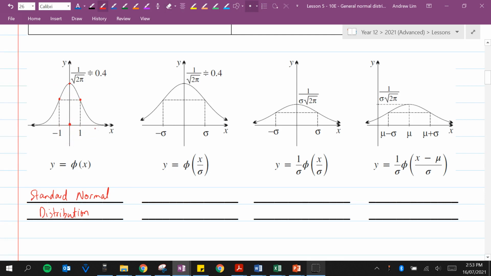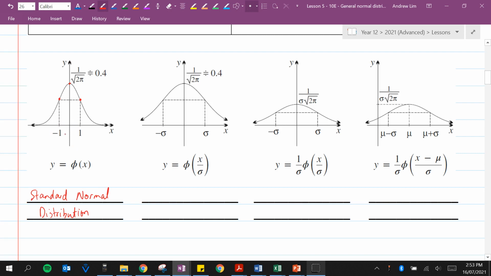So what we need to do is make adjustments to this curve so that the general normal distribution will also have an area of 1. Because in a general normal distribution, the standard deviation is just sigma, whatever the standard deviation is, and the mean is not necessarily 0. It could be any other value.